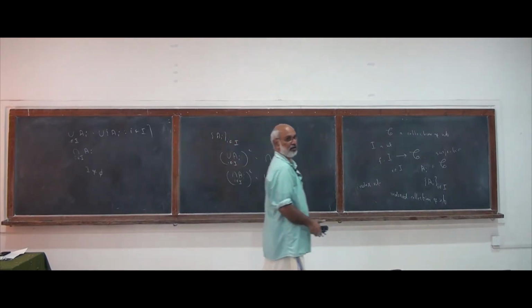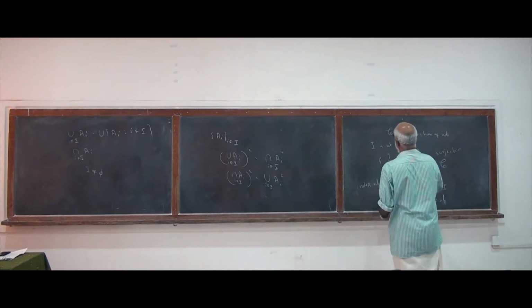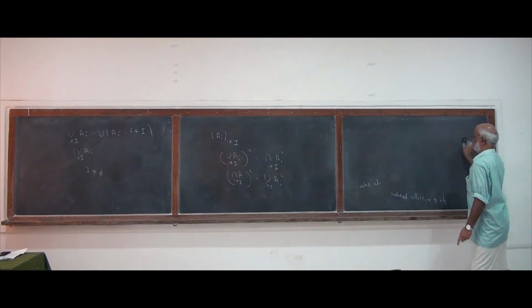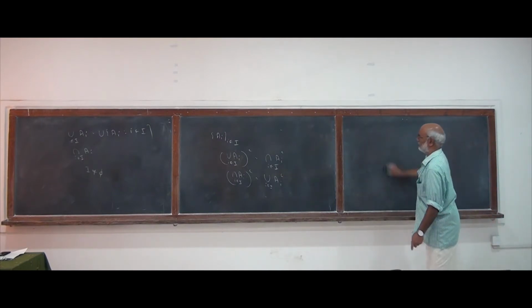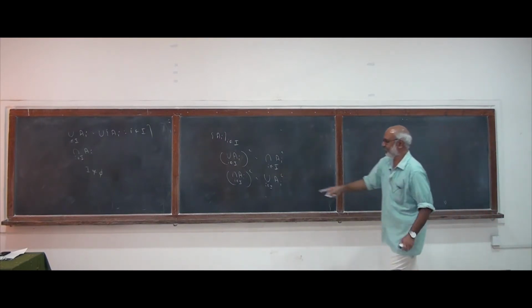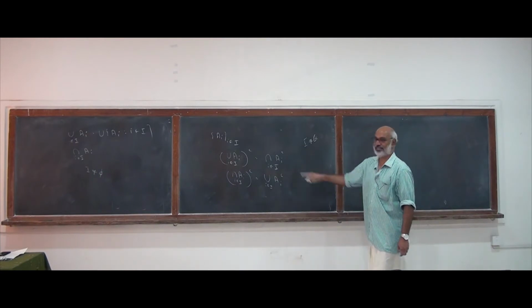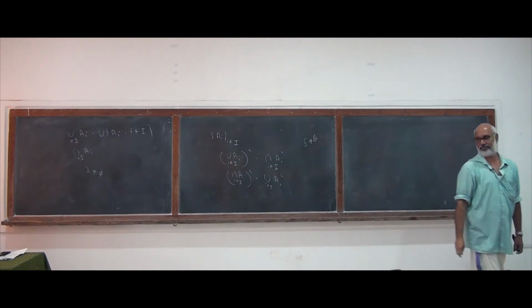You will have De Morgan laws like that, and the proof is not difficult. But of course, in this case, you should make sure that I is non-empty. Otherwise, this intersection is not defined.